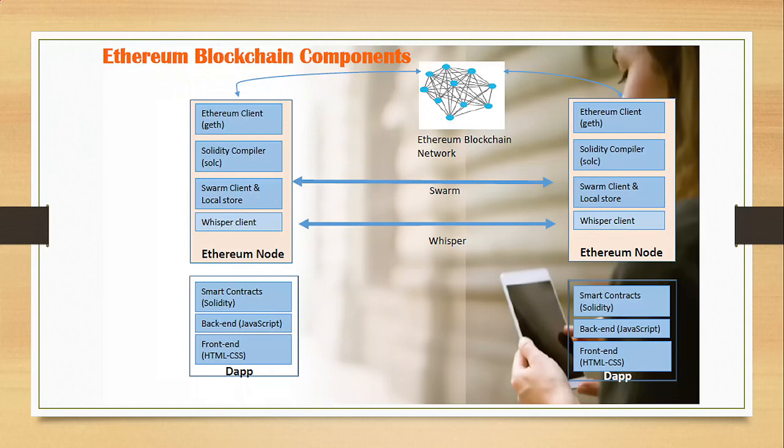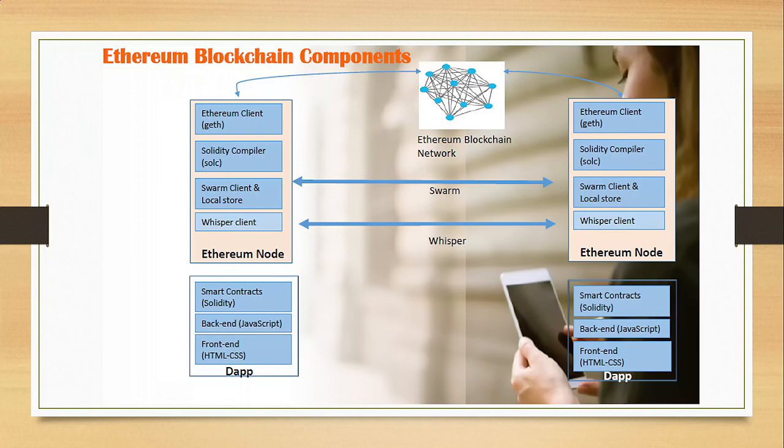As you can see, these are two nodes, one on the left, and they have some kind of building blocks, right? We have the Solidity compiler. Solidity is the main blockchain software, right? So it needs to be implemented. Then we have the Swarm. Swarm is the decentralized hard disks where you can store a huge amount of data.